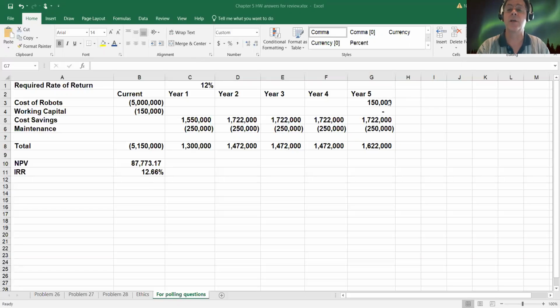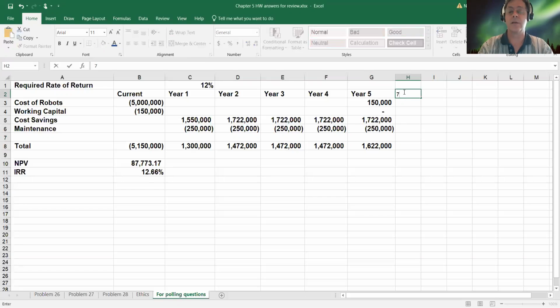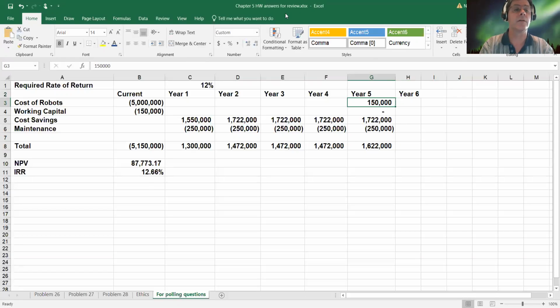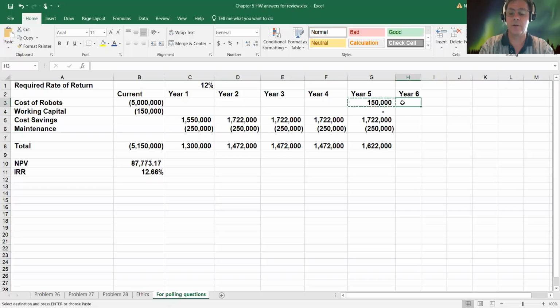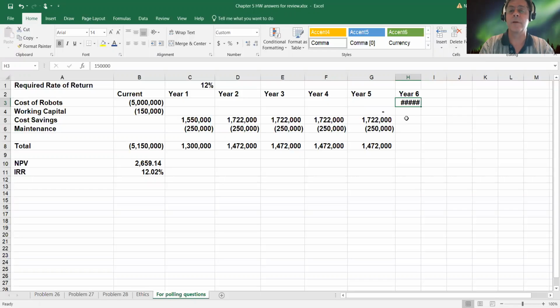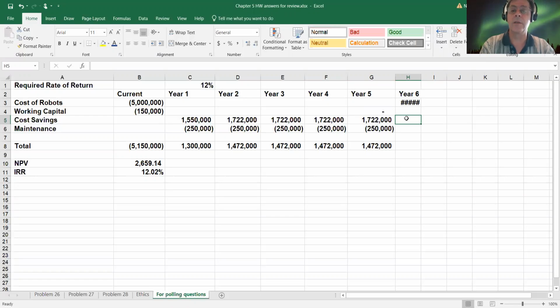So let's go ahead and put year 6 right on our spreadsheet and check it. We would have another cash flow.